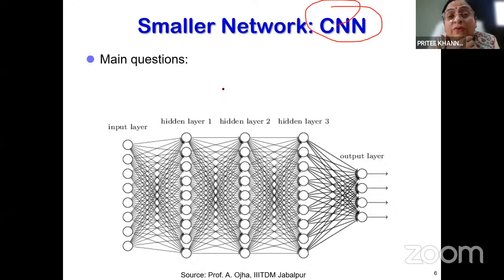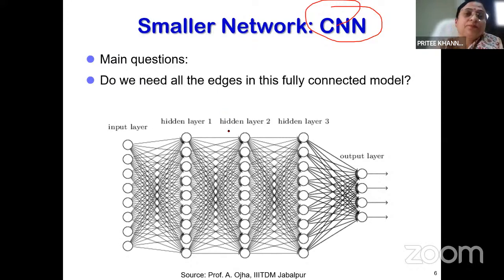Now when we go from this large network to CNN, the smaller network, there are a couple of questions to be answered, because as I told you, we need to think about what we can do for taking care of this high dimensional image data in an easy way.